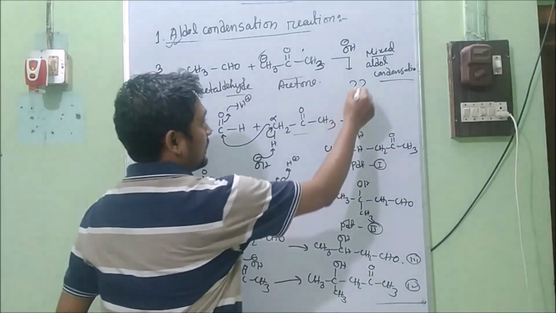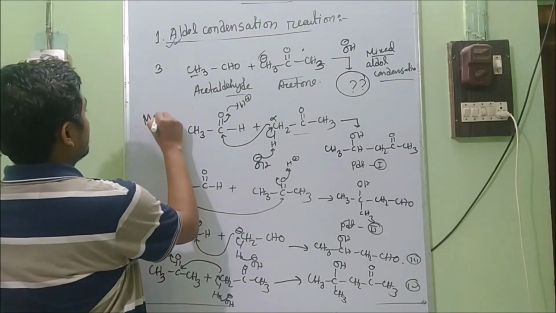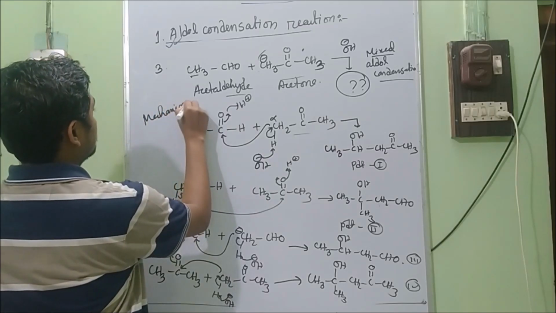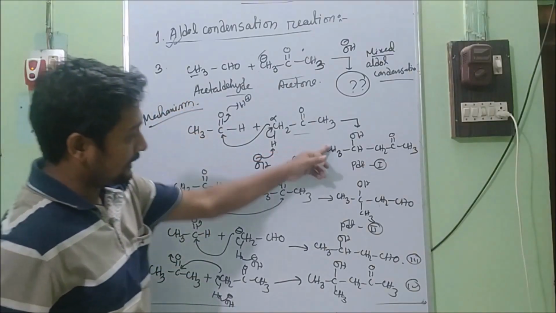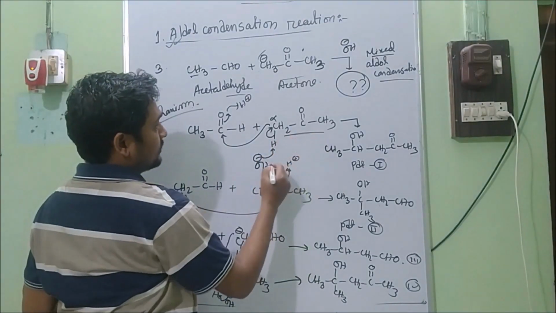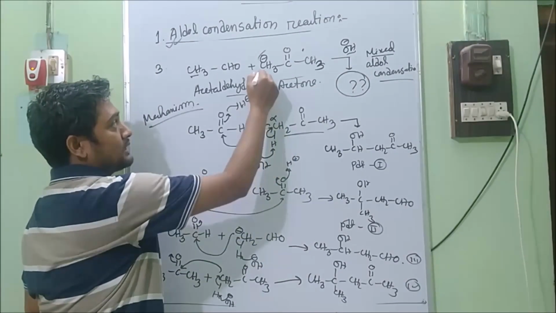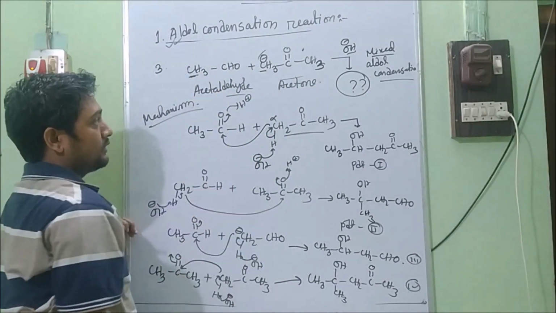So here what will be the products in this case? Now let's see with mechanism. I have shown here the different kinds of products with mechanisms. This is acetone. This base can take H plus from here, can take H plus from here also.